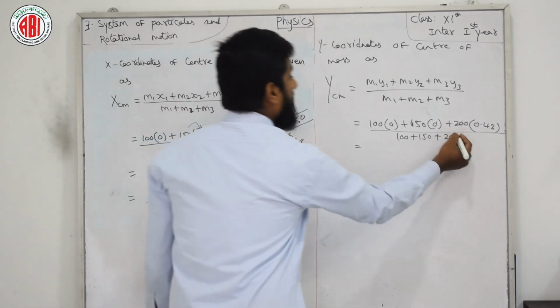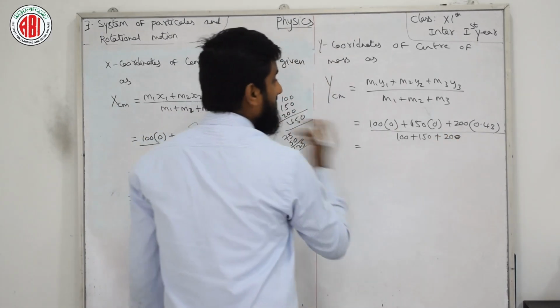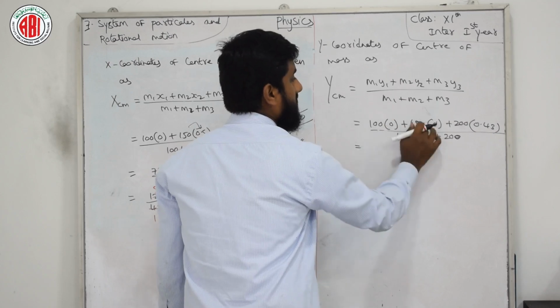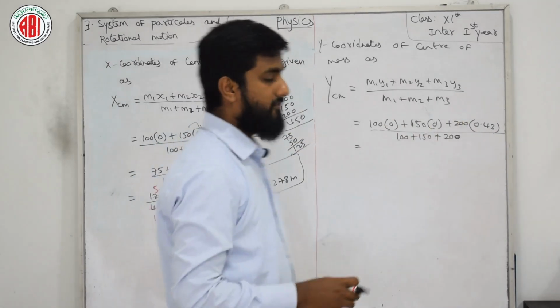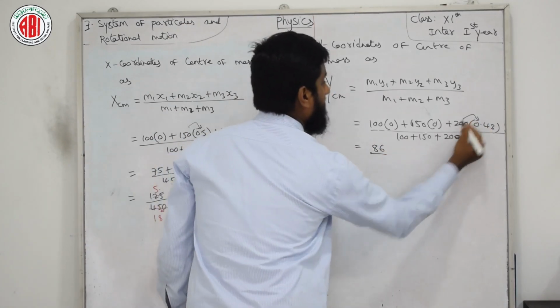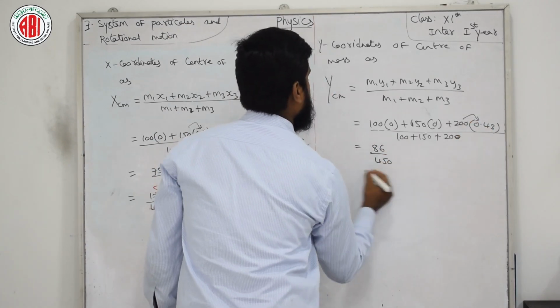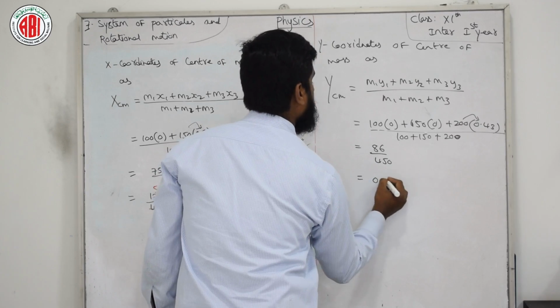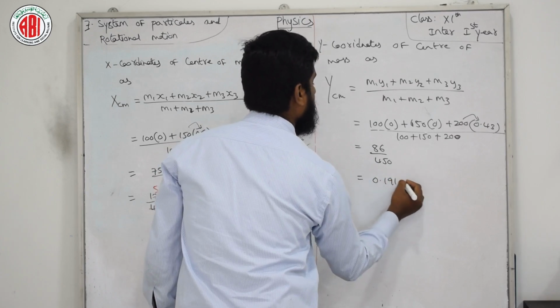Both of these terms are 0. Now 200 into 0.43 is 86, and the denominator is 450 as it is. If we divide, we get 0.191 meters.